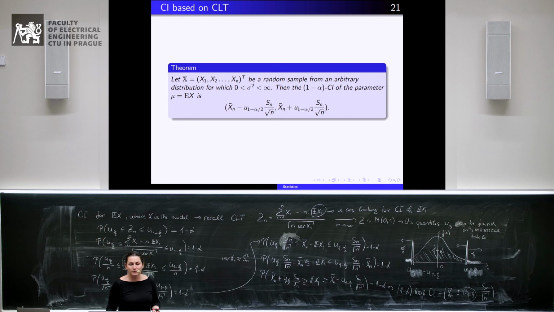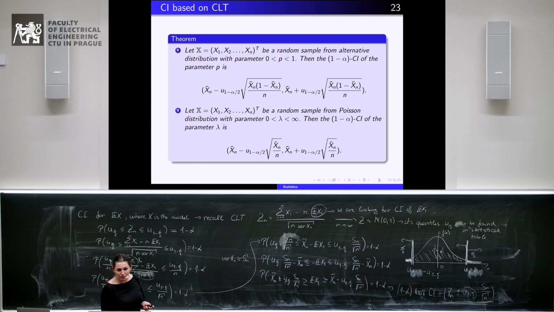First note, this interval is only so-called asymptotic. It means that it's not exact, and it is more precise when n is larger. Yeah, so it is more and more precise with growing n, but when we have n large enough, we can be satisfied with this estimate.